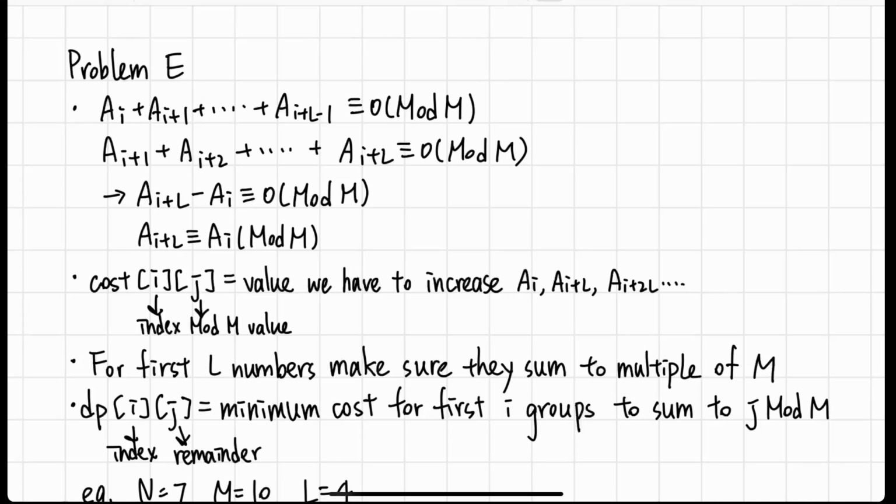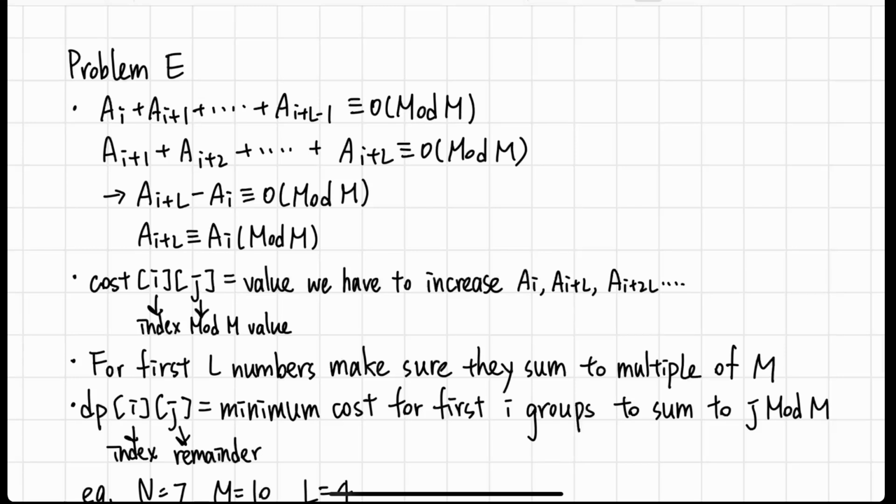To do so, let's first look at how we can represent this condition. The condition is that every L contiguous numbers need to sum to a multiple of M. If we start with the first L numbers, this needs to sum to a multiple of M, which can be represented like this.